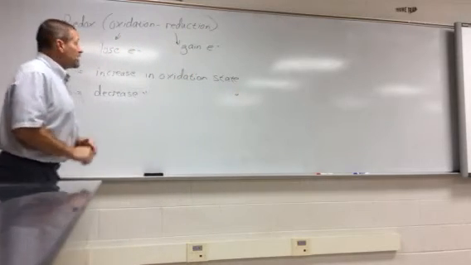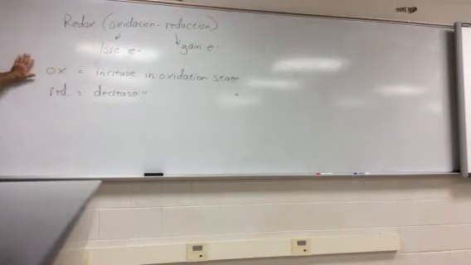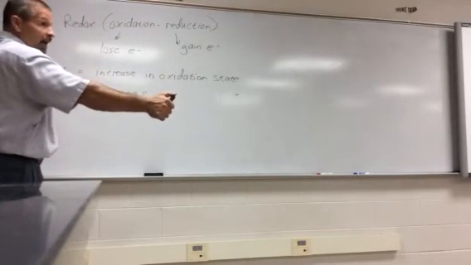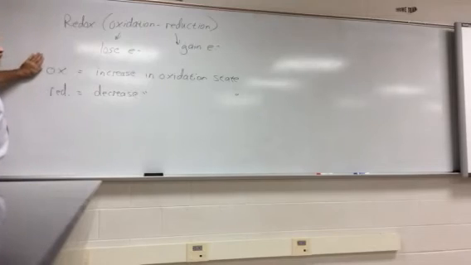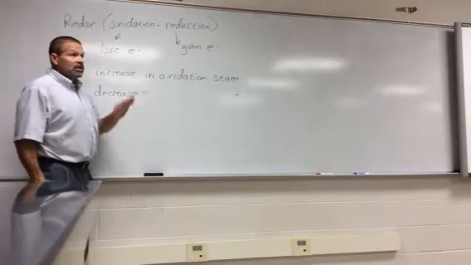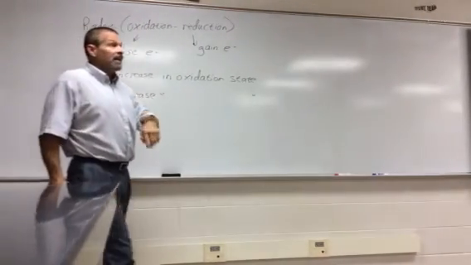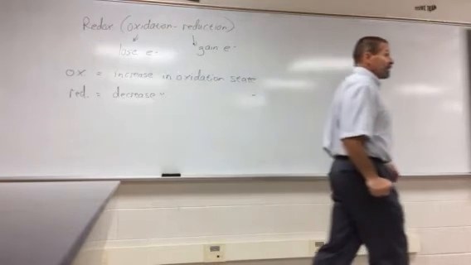Okay, so now the other thing you have to know before we really get into this is, if you're comparing something on the left side to the same item on the right side, you can spot if something's been oxidized if its oxidation state increases. Oxidation we recognize by an increase in oxidation state.